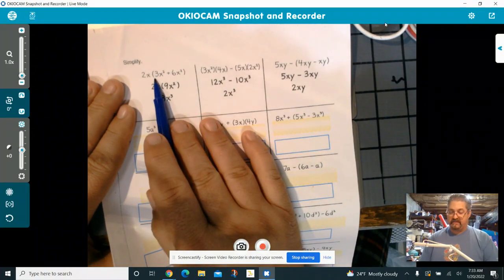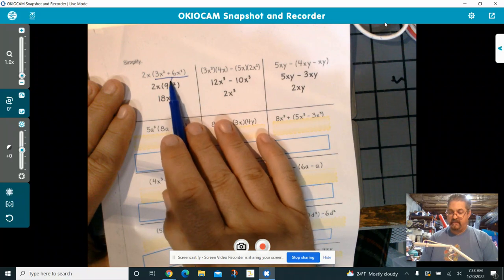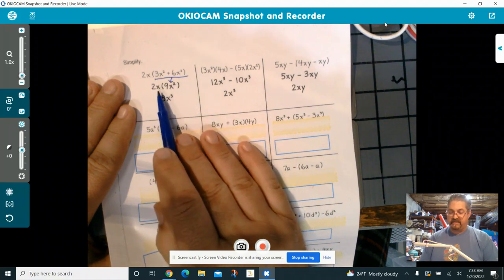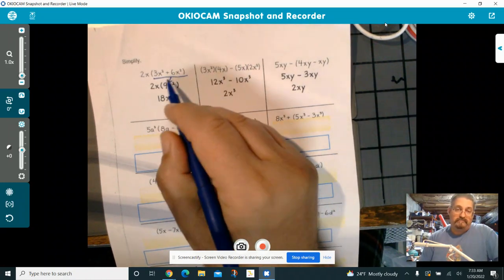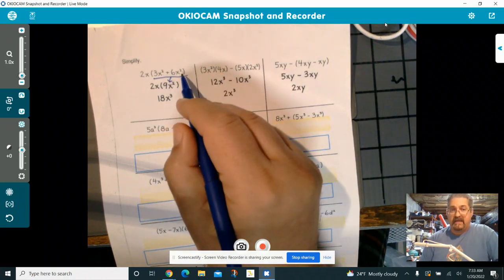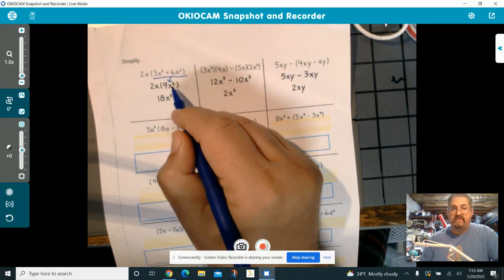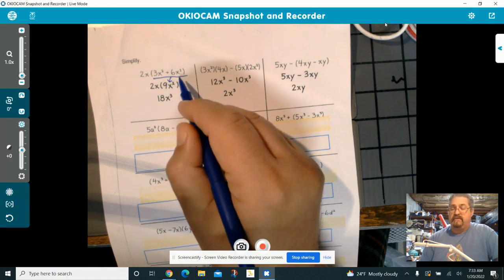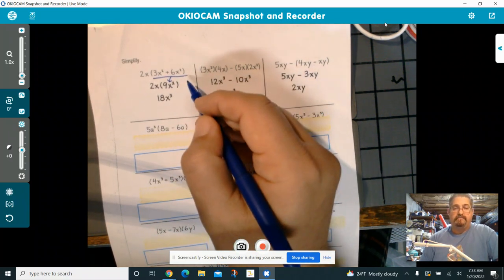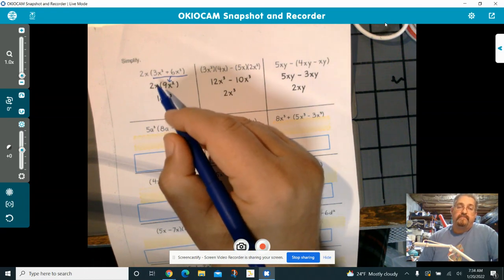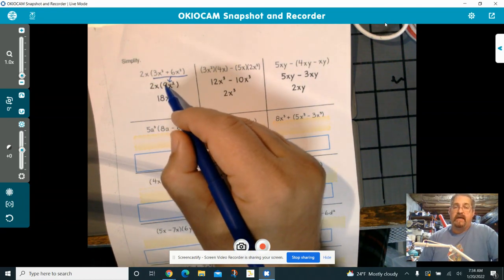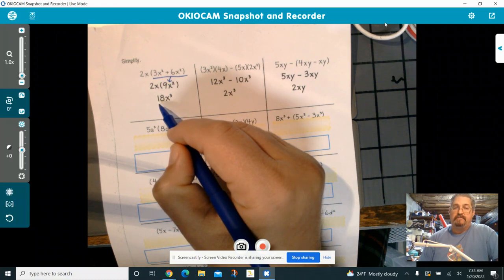They combined what was in the parentheses first. Boom. That became that. Then they brought the rest of it down. So 3x squared plus 6x squared. They both have an x squared for the last name, right? Combine them. 3 plus 6 gives you 9. And bring down the variable, the x squared. And you're multiplying all that by 2x. 2 times 9 is 18.